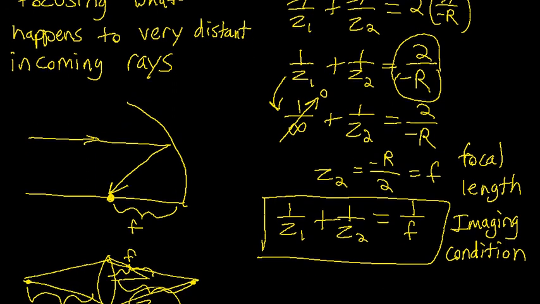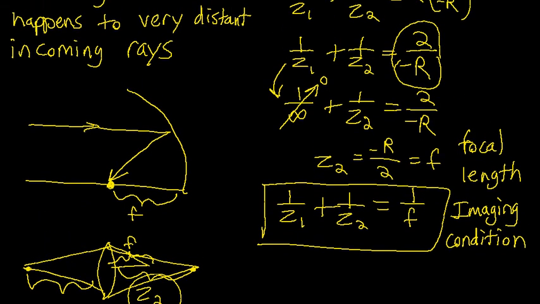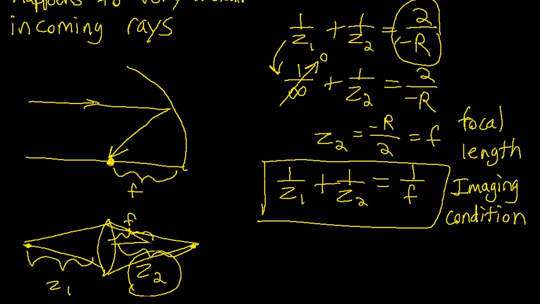So that is really the important takeaway from all this, the imaging condition right here, and the fact that we actually got it from a curved surface that reflects.